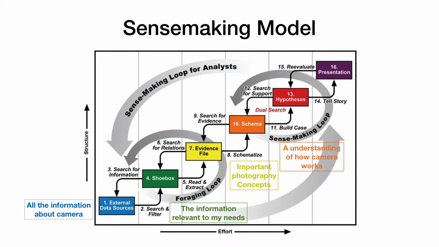And this helps you form a mental model or an understanding of how a camera works and how these affect its, say, price, image quality, etc. And then, based on this knowledge, you can pick a few candidate models, make a comparison, and eventually make a decision on which one you want to go for. And finally, you need to present all the conclusions and the process to someone else, and this is your presentation.